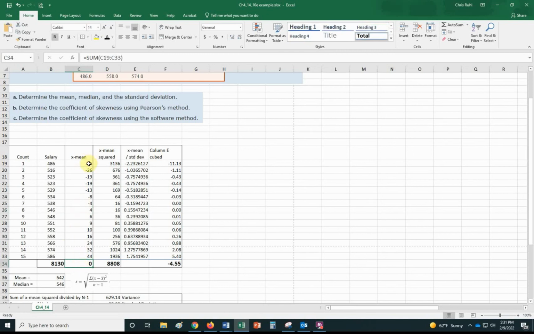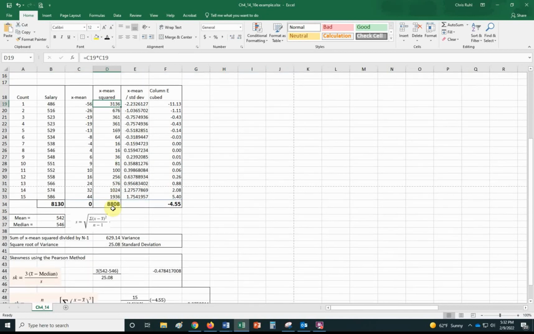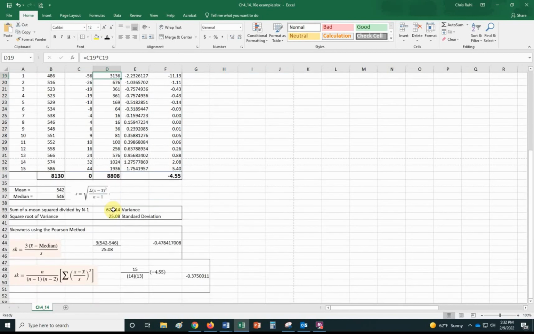Now I want to square all of these numbers. So negative 56 squared is 3136. And I square all of these numbers, multiply it by itself, which gives me positive values. And then I want to take the total. I don't think I have the standard deviation formula. Well, here it is, right here.